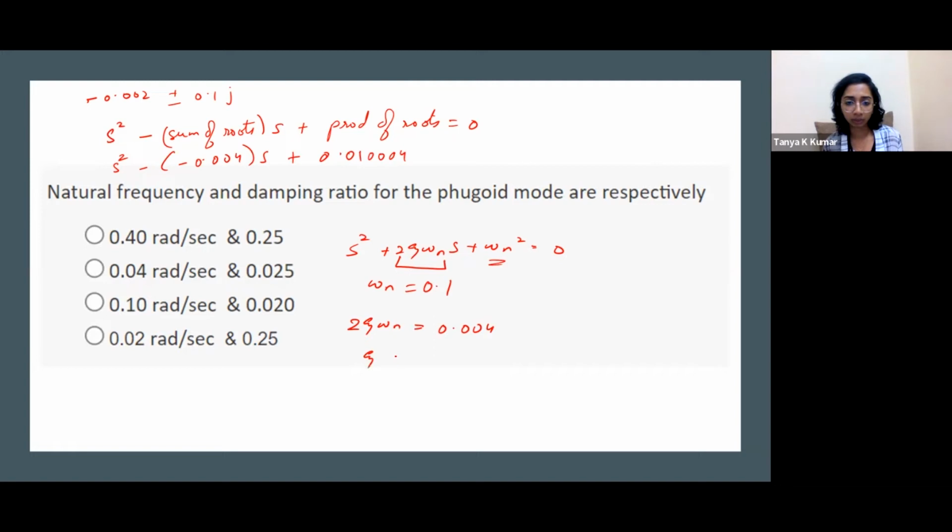And then you get eta to be 0.004 by 2 into 0.1, and you get 0.02, sorry. So this is the answer. So this is how you calculate the natural frequency and damping ratio.